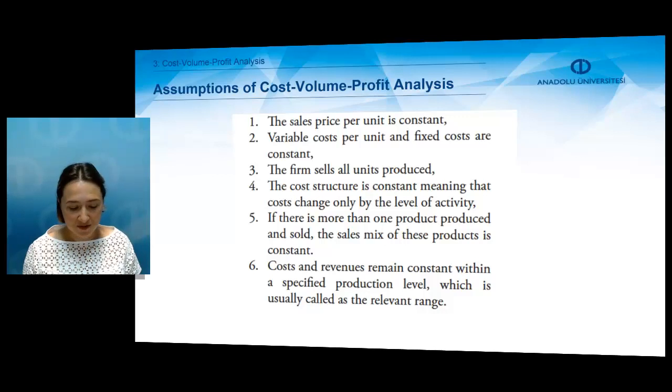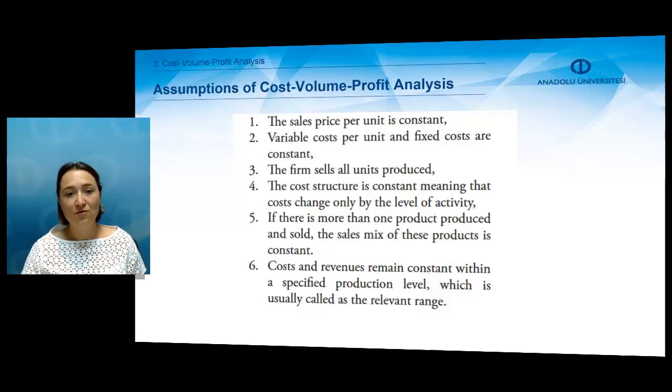We have to differentiate variable costs and fixed costs. I will get to this point in the next slide. So just now, please try to think that the sales price is not changing over time, and the costs associated with the production are not changing over time.